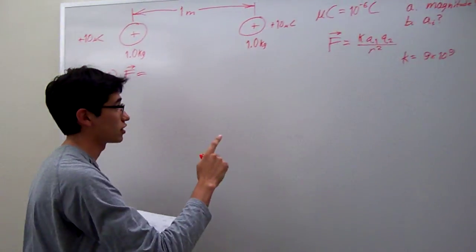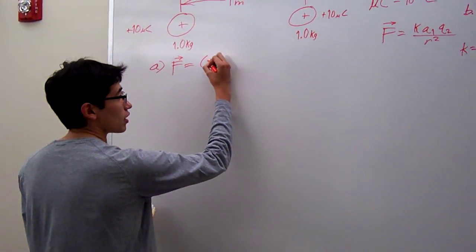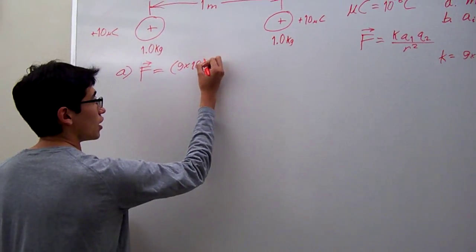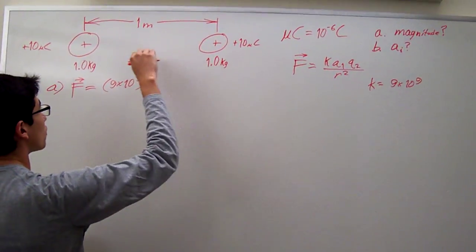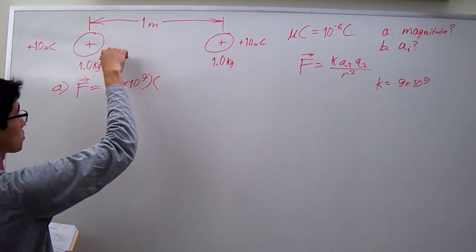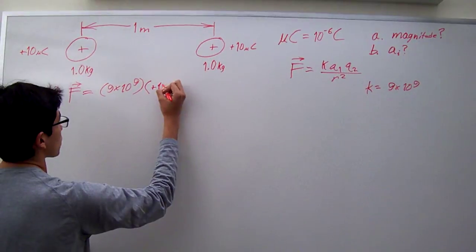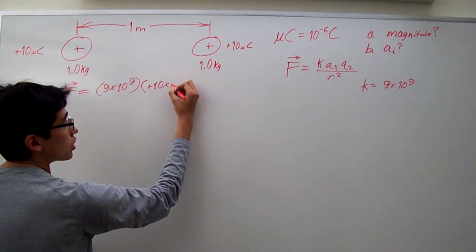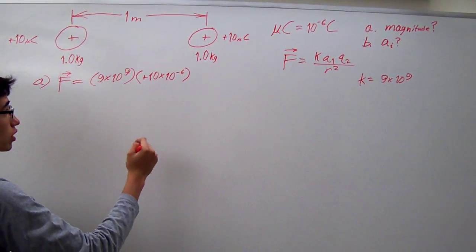It is a constant. So we have that times the charge of the first particle, which is plus 10 times 10 to the negative 6, because it is a microcoulomb.